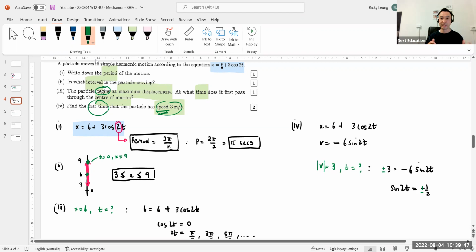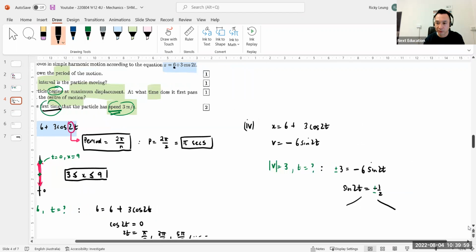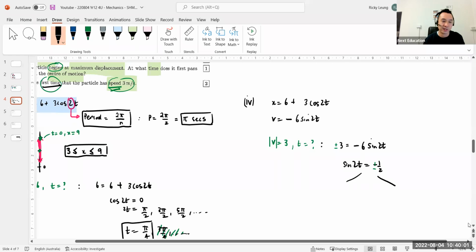The speed of 3 can imply going backwards or forwards. It says first time, so when I do plus or minus, I just want to take my lowest number, and I think the positive version there, pi on 6, will give me my smallest. I'll do one answer when this is positive and when this is negative. I know, using my oscillation central angles of any magnitude, that this one is equal to pi on 3.